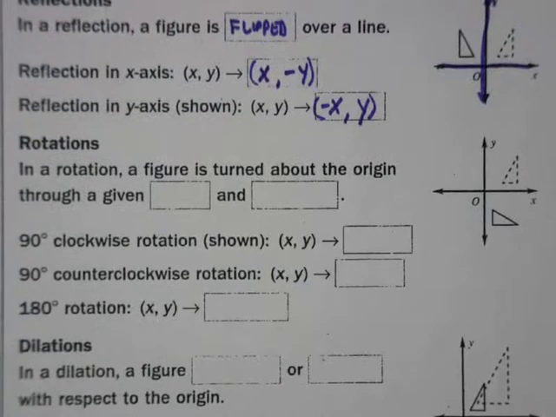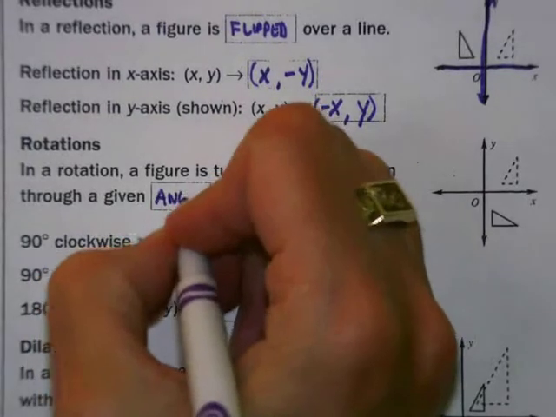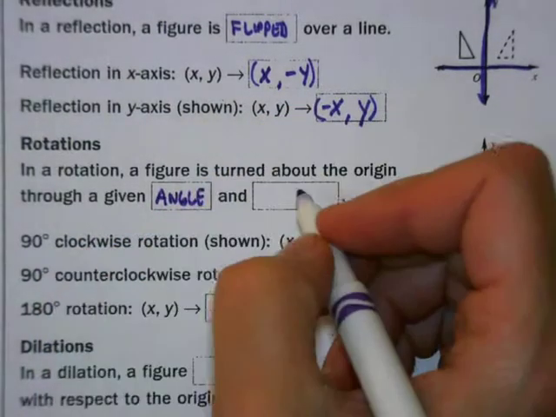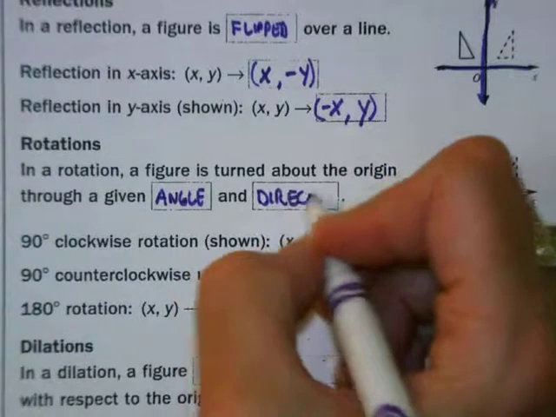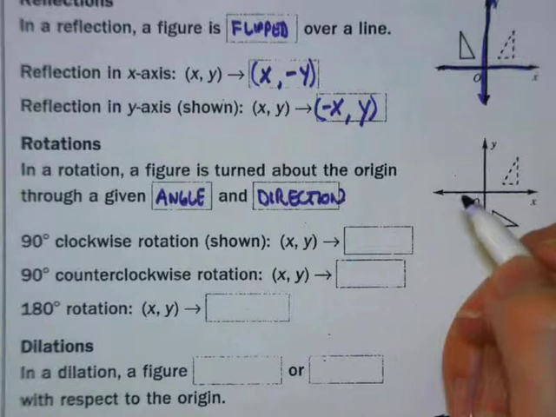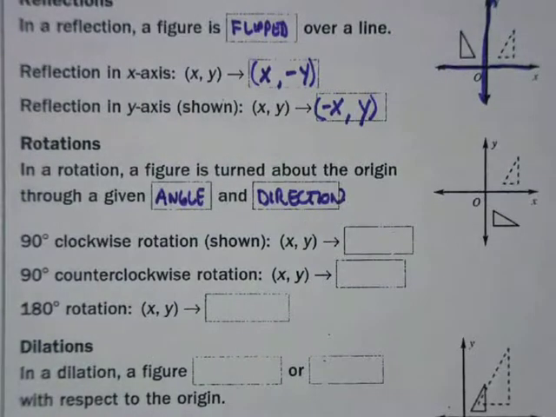The next thing that we looked at were rotations. In rotations, a figure was turned about the origin through a given angle. Remember, we looked at 90 degrees, 180 degrees in a given direction. We specified clockwise or counterclockwise.